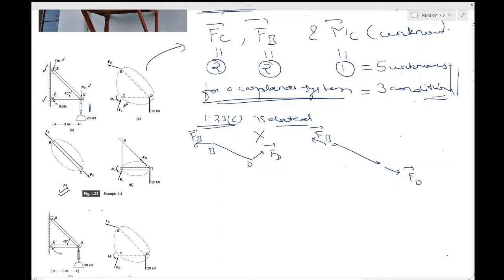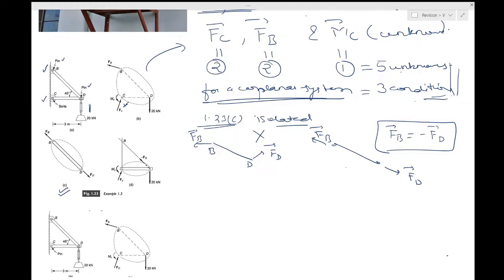This was, if you recall, the two force member, and one other condition is that FB must be equal to FD in magnitude and opposite in direction. So this was a two force member, and that is why this diagram 1.23c has come up.